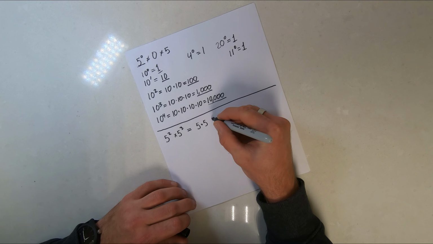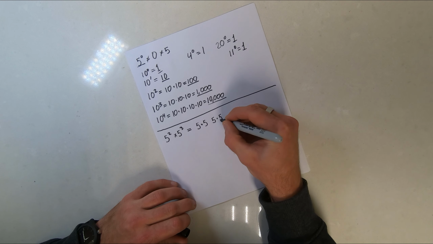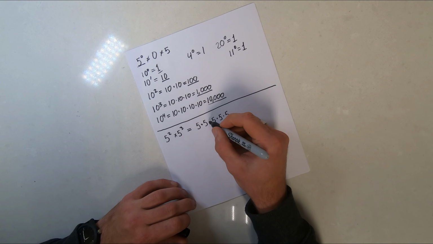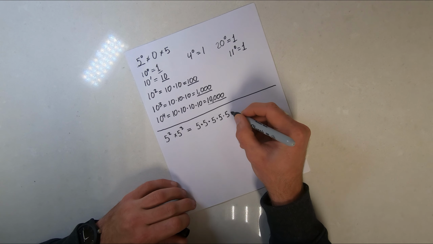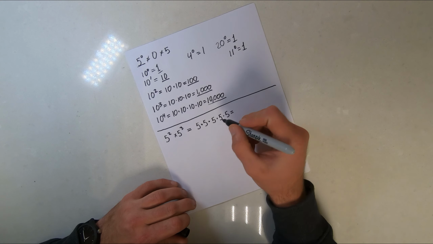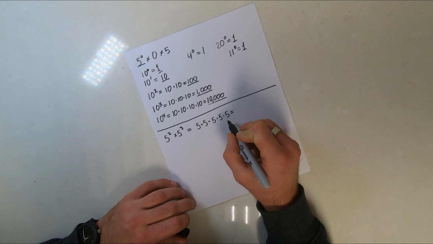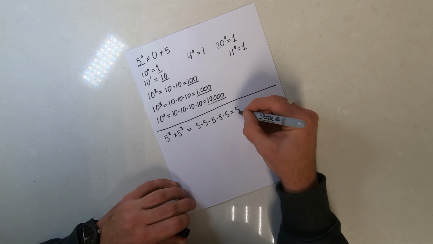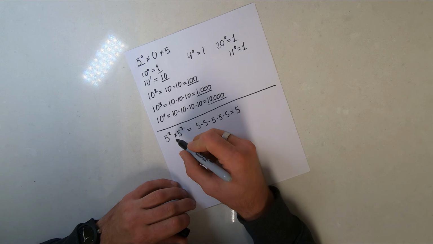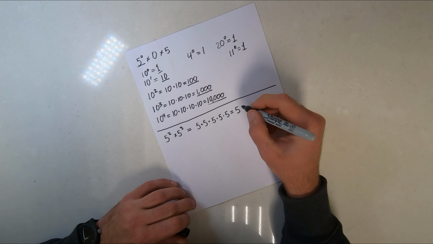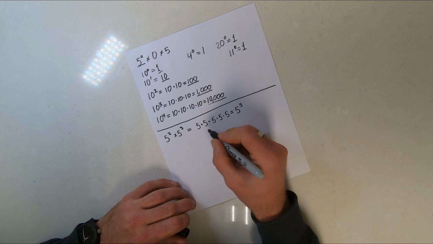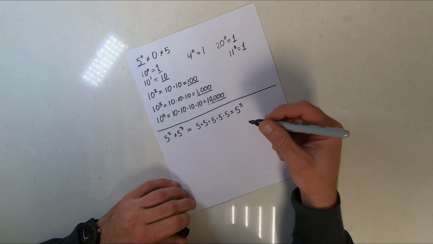It means 5 multiplied by 5 multiplied by 5. And of course, these two are multiplied together. So in total, we have 5 5s multiplied by each other. So we can say that 5 to the second power times 5 to the third power is 5 to the fifth power, because there's 5 5s multiplied together.